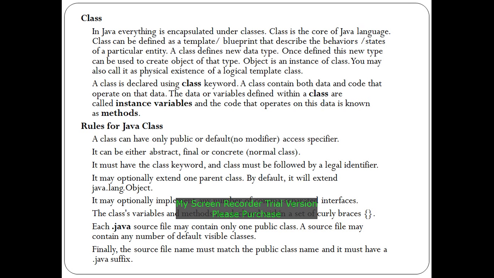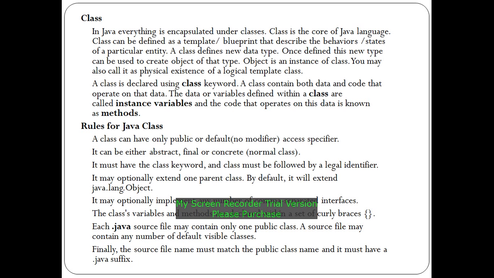A class must have the class keyword, followed by a legal identifier. It may optionally extend one parent class. By default it extends java.lang.Object. It may optionally implement any number of comma separated interfaces.